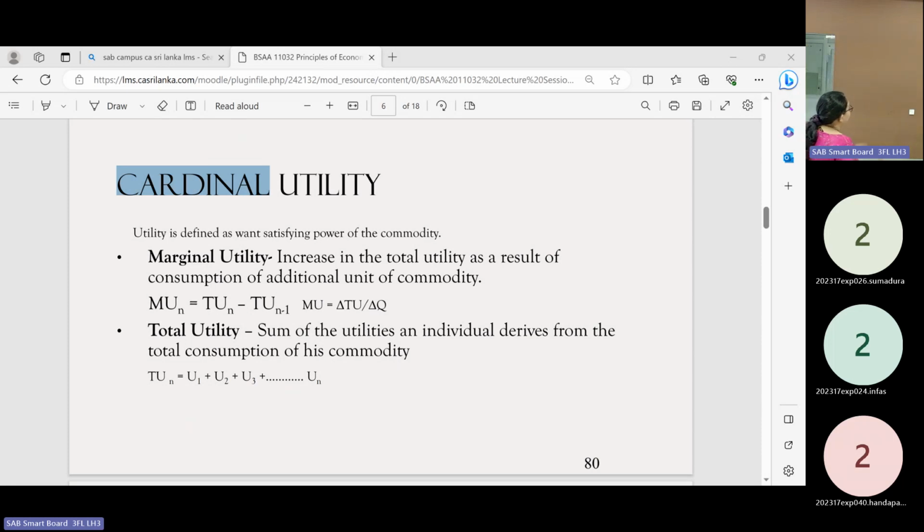For example, when she eats the first string hopper, if I measure it, satisfaction units 5. Second, 6. Third string hopper, 7. Maybe the fourth string hopper, again she goes back to 5. The sixth string hopper she gets maybe 2 units, not enough.